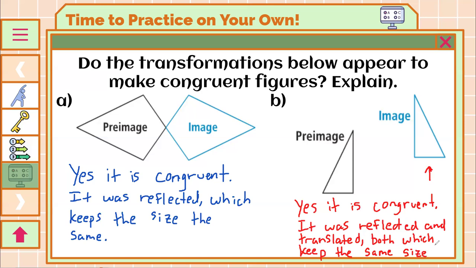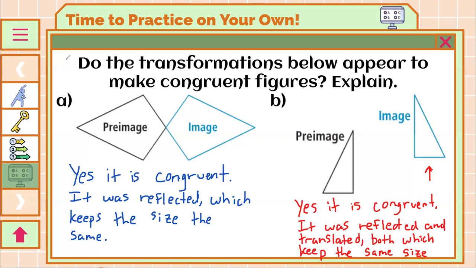Same size, same shape. They just moved it over. If you said both were congruent, you were absolutely correct. If in your explanation you made sure to hit home the idea that whatever transformation they used did not change our size or shape, then you were also correct and good to go.